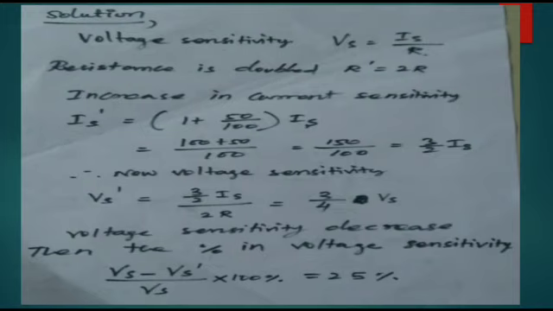Now we have to calculate the percentage change in voltage sensitivity. How to calculate? It's very simple. Vs minus Vs dash, where Vs dash is 3 by 4 Vs, divided by Vs, into 100.